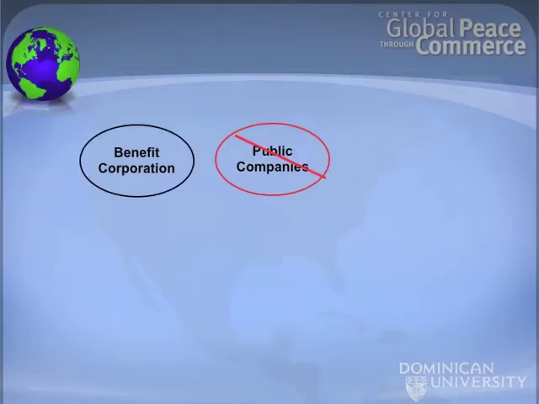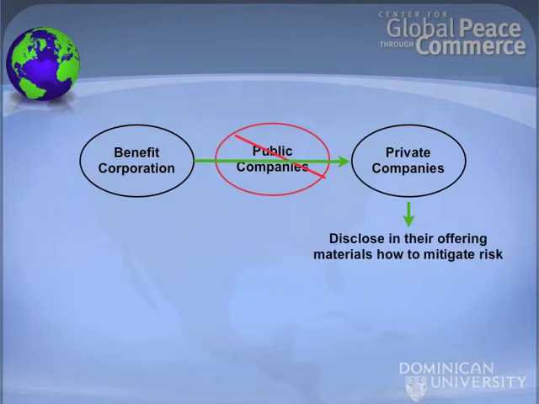So the reality is, in my view, the benefit corporation doesn't work very well for public companies, nor is it really intended for them. And in the case of private companies, the reality is, in my view, that people will all understand what the benefit of their deal is. And that is disclosed to them in the offering materials associated with their investment.